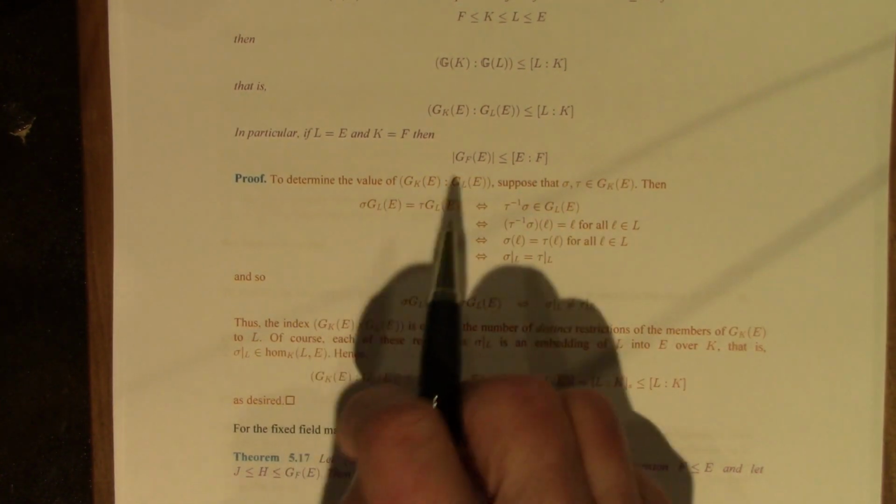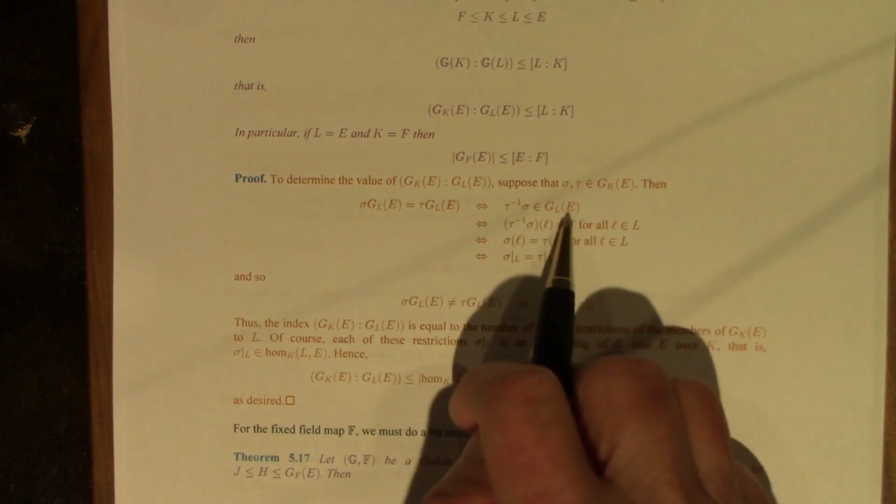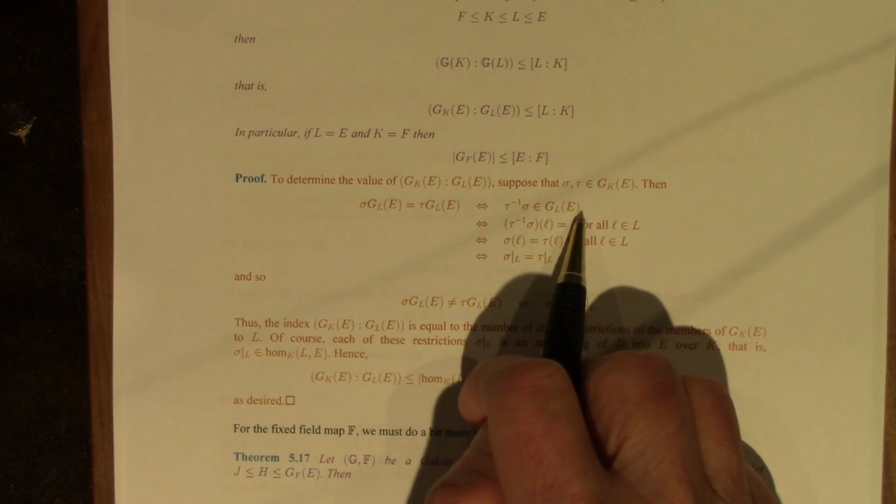σG(L/E) is equal to τG(L/E) if and only if τ⁻¹σ belongs to G(L/E).